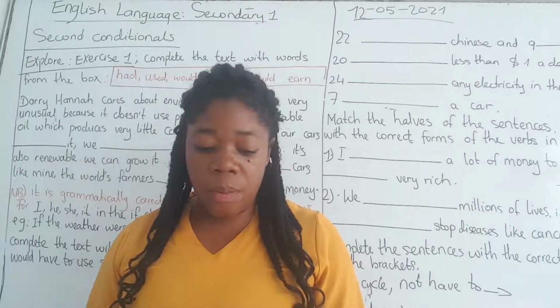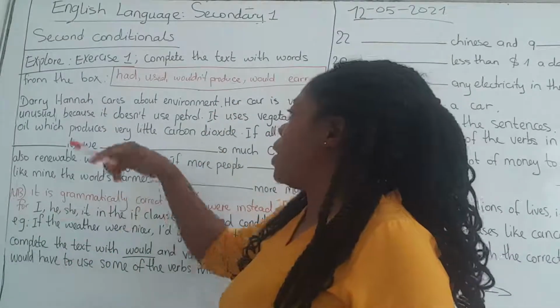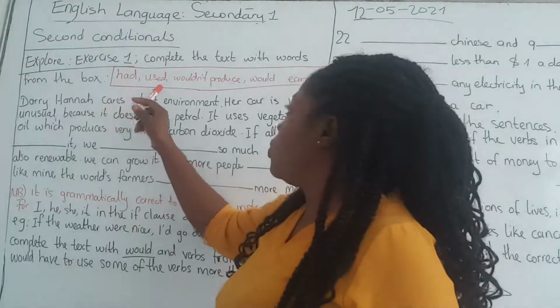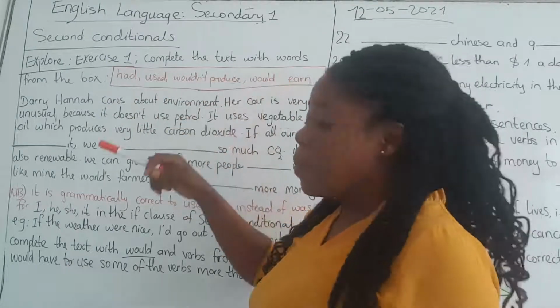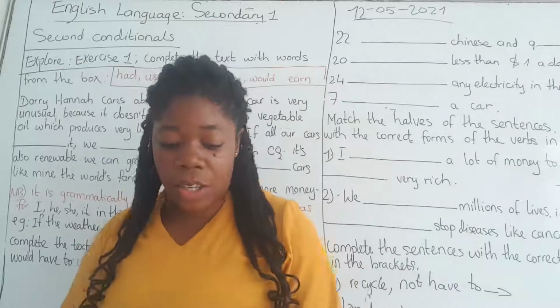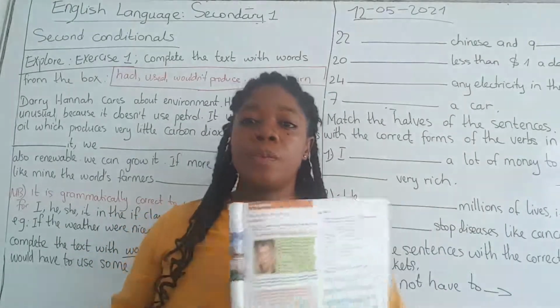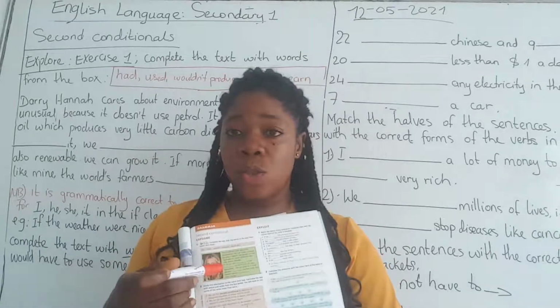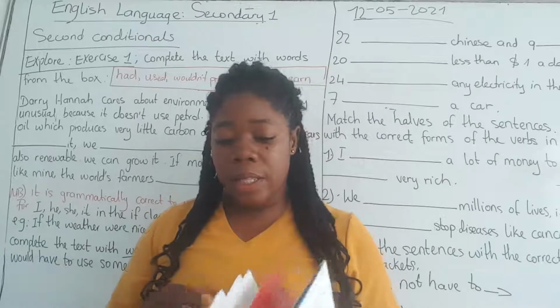The words in the box, written in red on the board, are: had, used, wouldn't, produce, would, earn. And we have a text here to read about a diary. We've been asked to read this text and then use these words to complete the text.